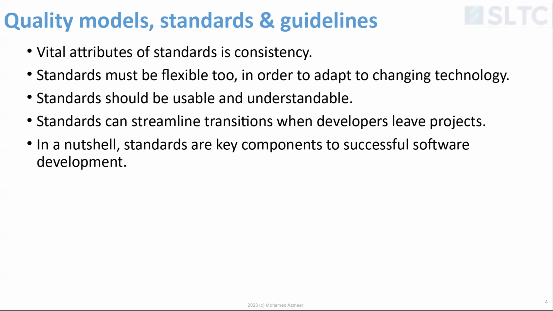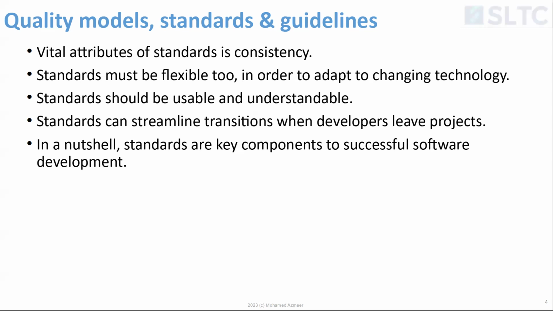But after a while, they realized ISO is good, but it doesn't fix the problems we have with software companies. So then Carnegie Mellon University came up with the CMMi model. So that's a change. And then Motorola has their own way of checking the standard called the Six Sigma standard. So whatever the standard, it should be flexible also. When something new happens, we should be able to change our standard as well.